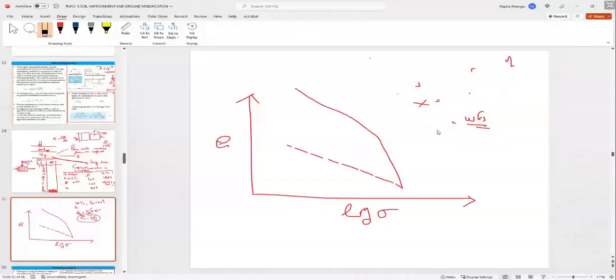You have determined this void ratio versus log of stress curve in the lab. Now, what is the importance of that?